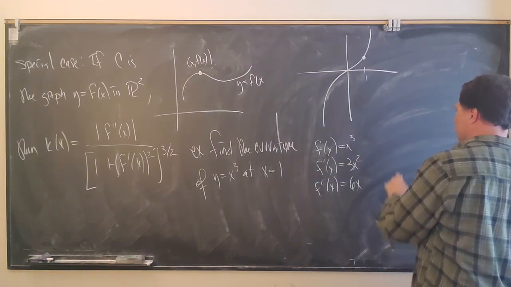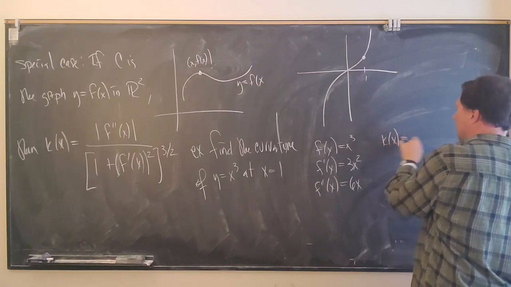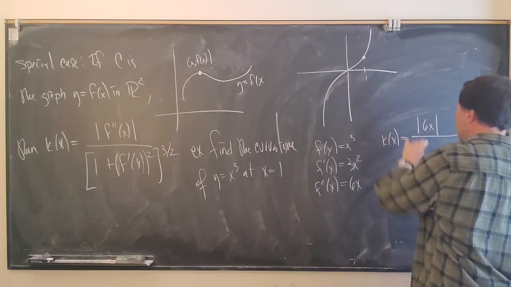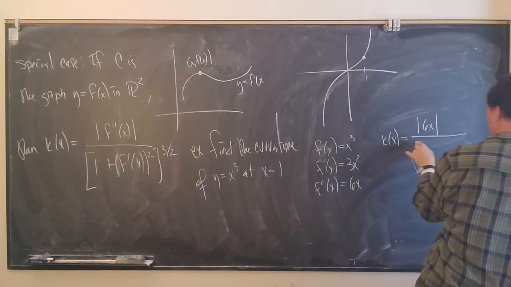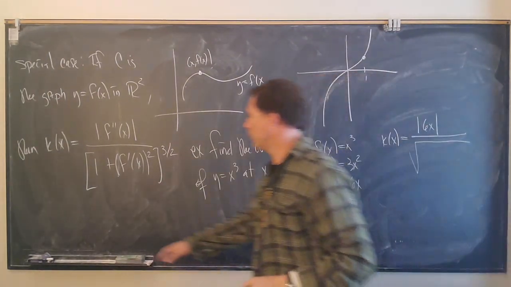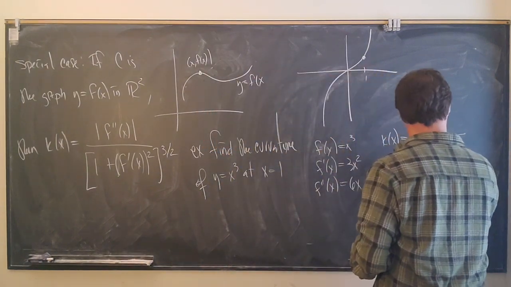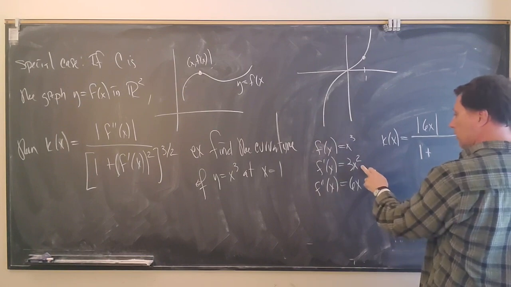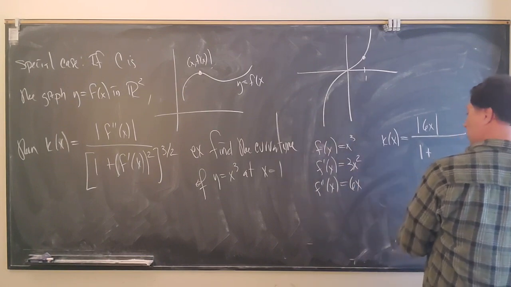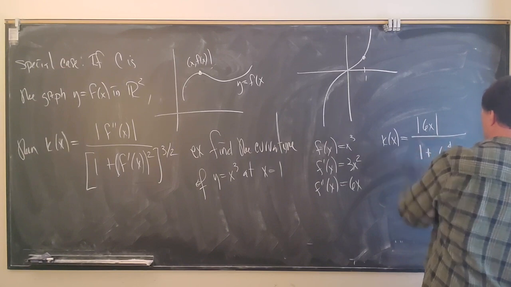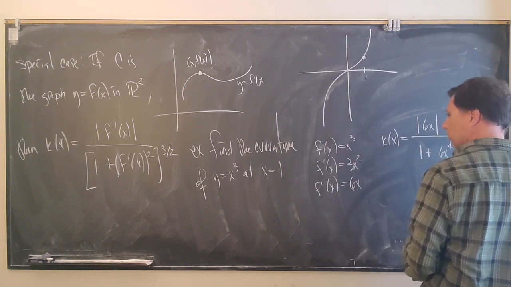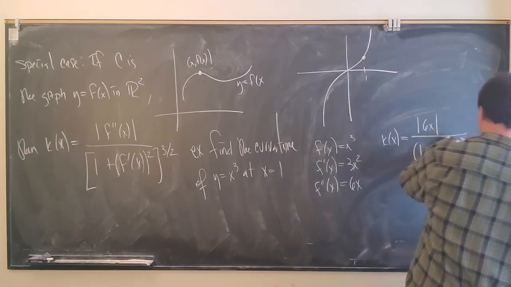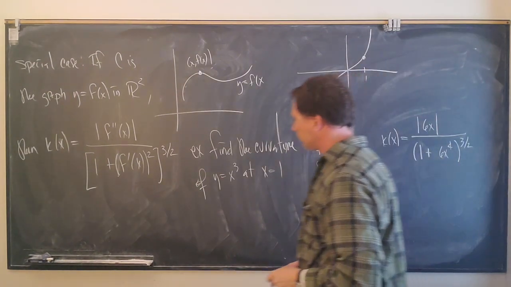So the curvature at x is going to be the absolute value of 6x divided by 1 plus 3x squared squared, raised to the 3/2, so that's 6x to the 4th raised to the 3/2.